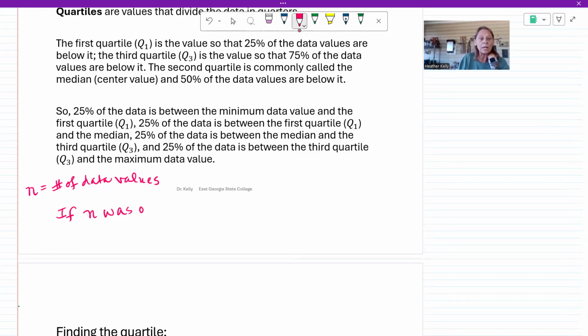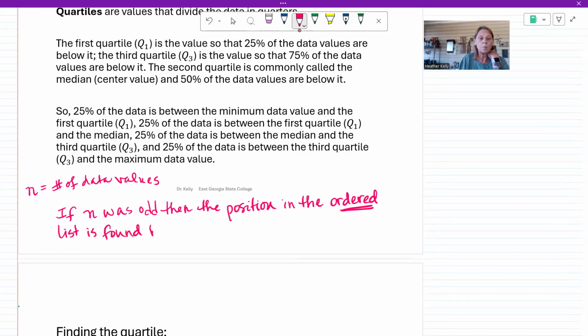Okay. So if n was an odd value, like 13 or 27 or something, then the position in the ordered list is found by n over 2.